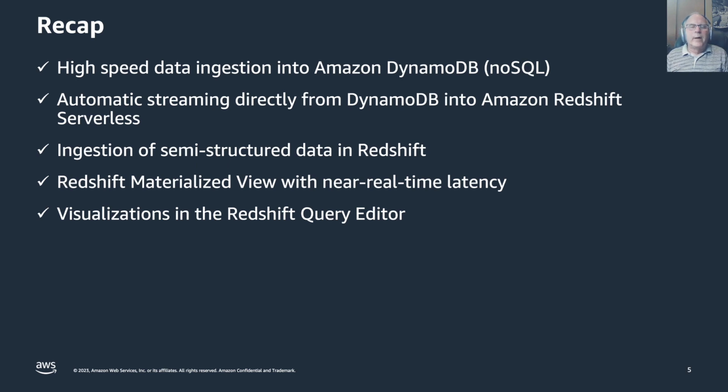We saw a Redshift materialized view with near real-time latency. And then we saw some visualizations in the Redshift query editor. So to me, these are all really nice features that help to close that latency gap you sometimes see between an operational system and your data warehouse.